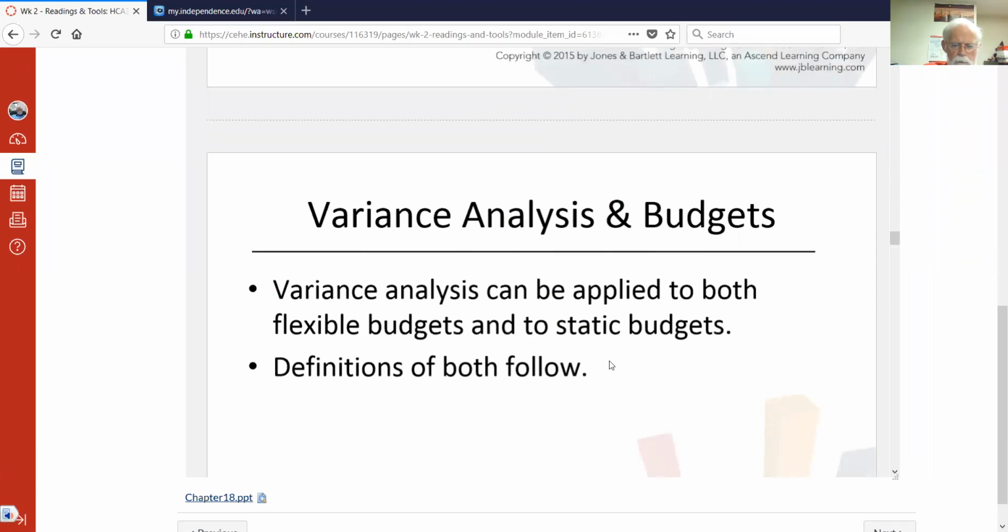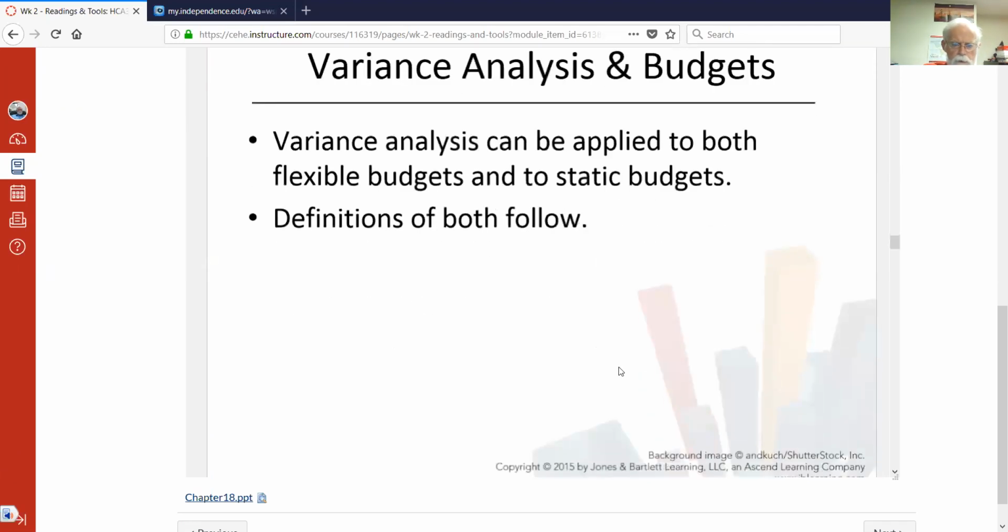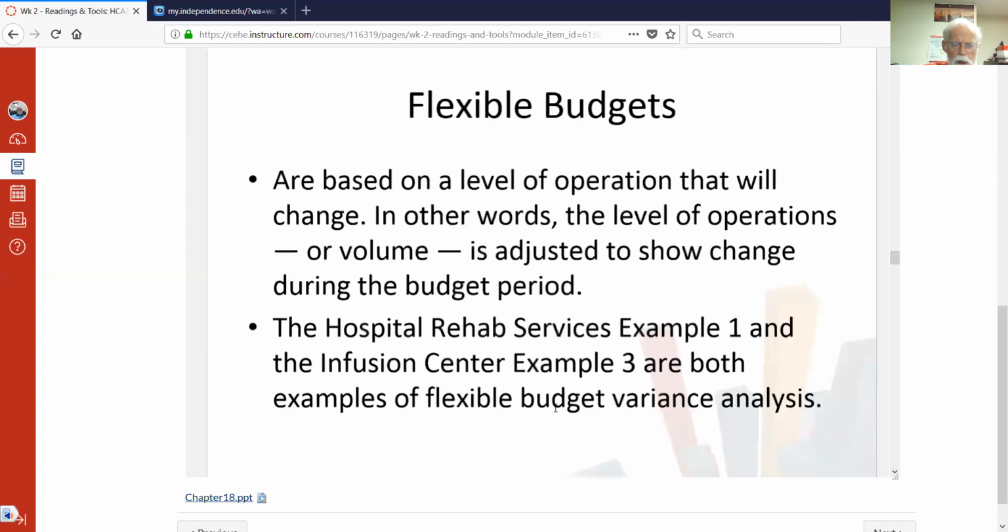So variance analysis can be applied to both types of budgets, flex and fixed. Flexible budgets are based on levels of operation that will change.